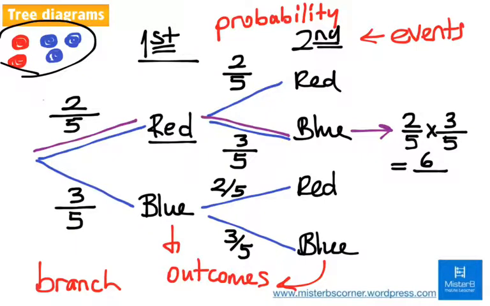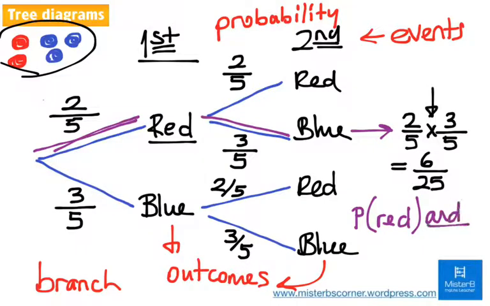5 times 5, 25. The reason that I multiply is that I go like probability of red, right? And then probability of blue. So it must be red first and, right? It is very important. And probability of picking a blue in the second one.